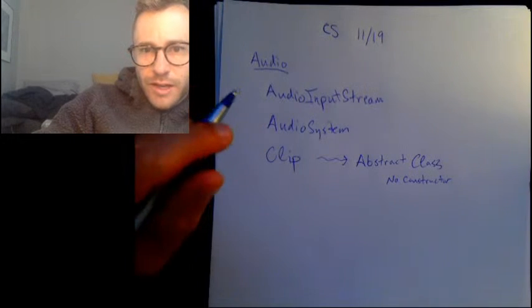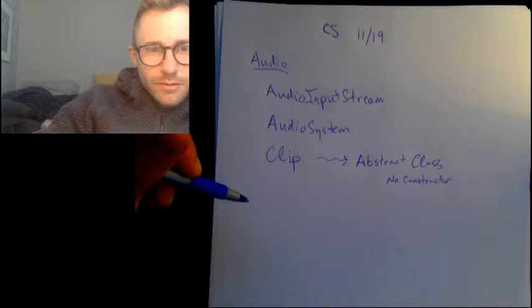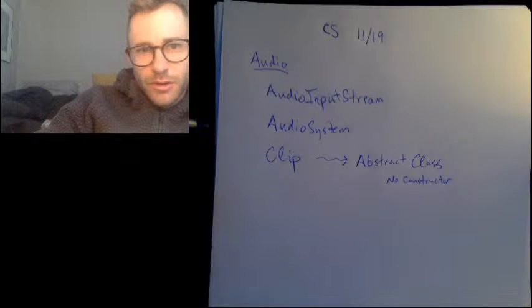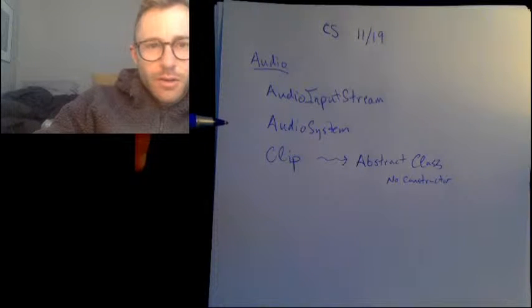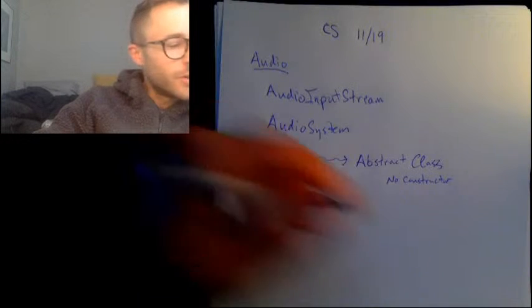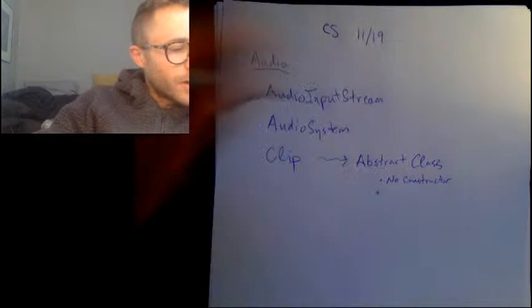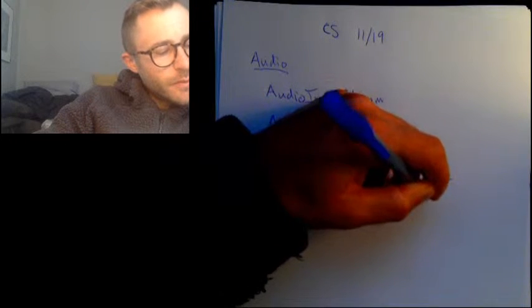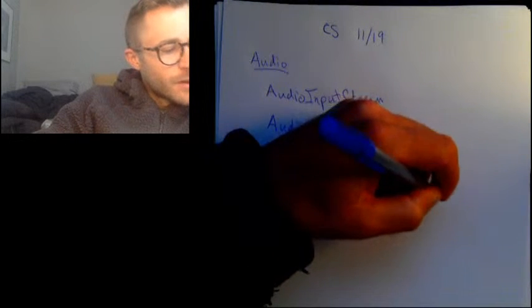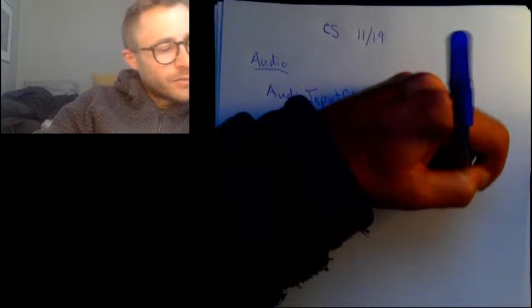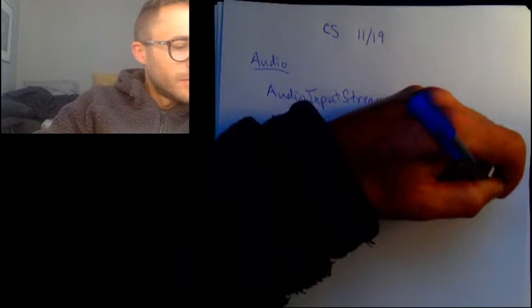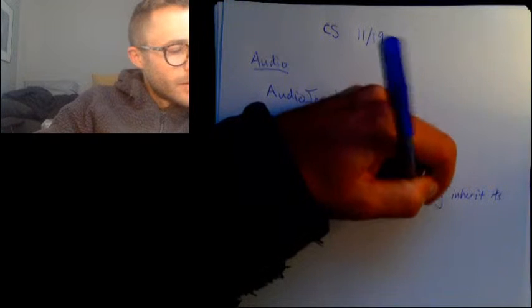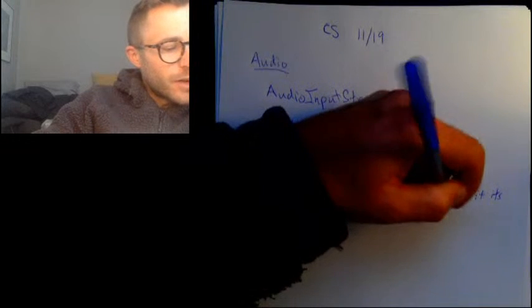So you actually cannot create a clip object. You can only create objects that inherit from the clip class. So basically, in an abstract class, you can only inherit its methods from another class.